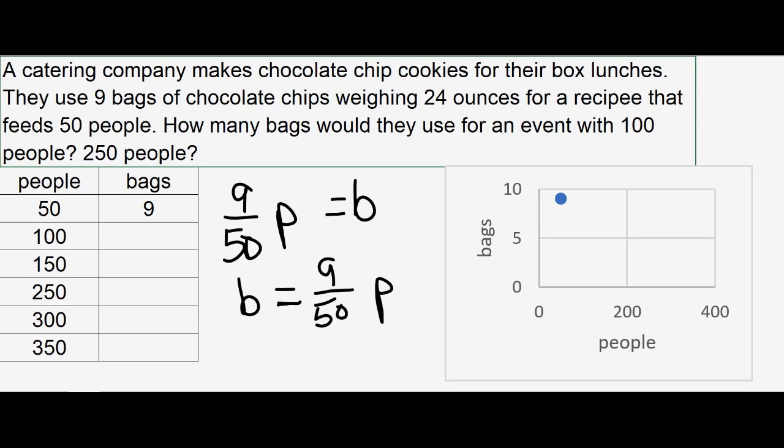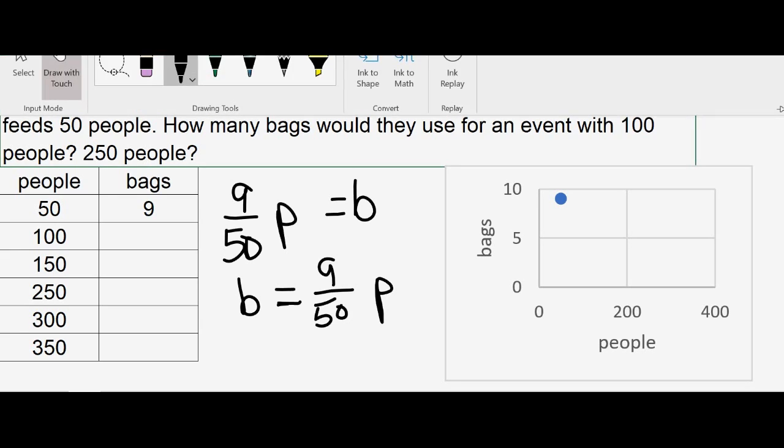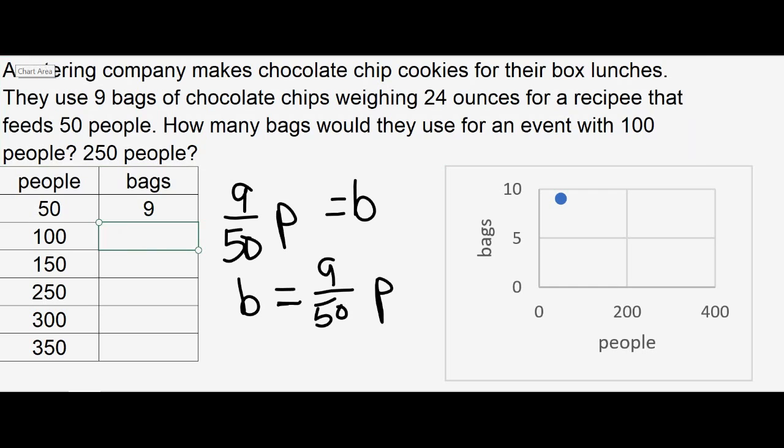And if I go to Excel, it will let me put in a formula. So I can say I want this to be equal to the number of people, cell A7, times 9 divided by 50.